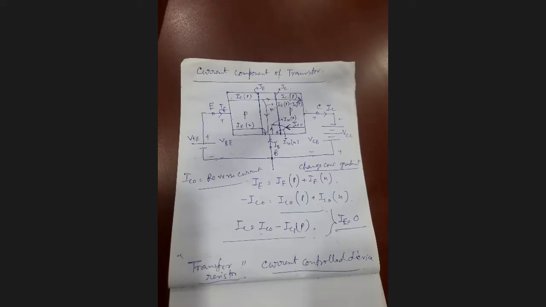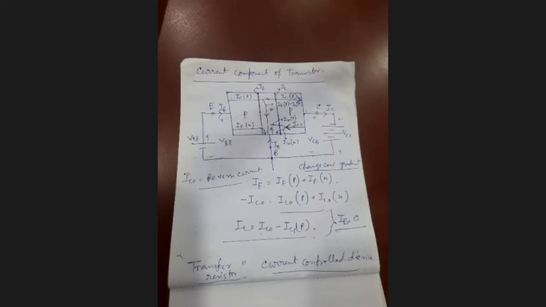In that case, we cannot get the amplification property. If the base terminal is equal to the collector and emitter side, most of the carriers are diffused or recombined in the base, and no current is produced from the output side. So we cannot use it as an amplifier circuit.